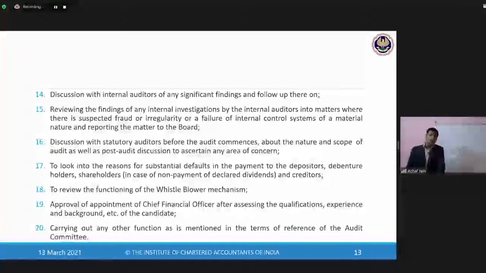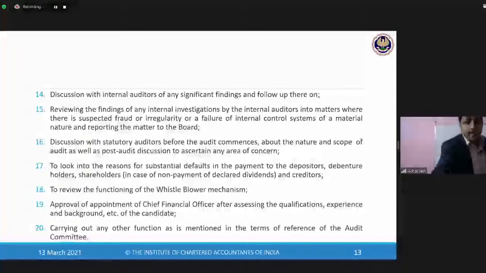To review the functioning of the whistleblower mechanism. We'll get on to the whistleblower mechanism slightly later, but again, its function is the responsibility of the audit committee. Approval of the appointment of the CFO of the company after assessing their qualification, experience, etc. Carrying out any other function which is in accordance with the requirements and the terms of reference is once again the responsibility of the audit committee.